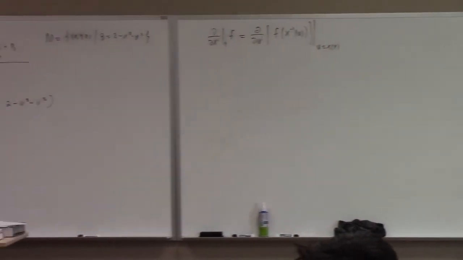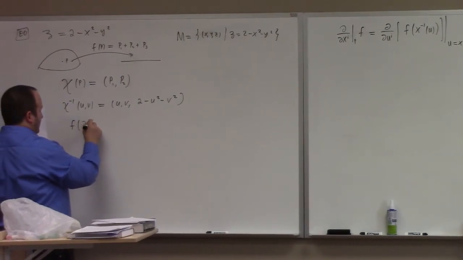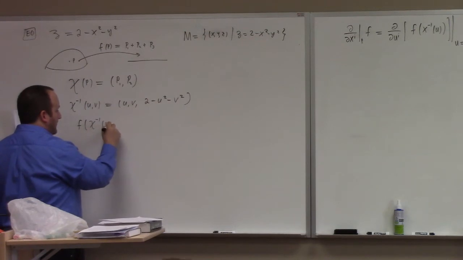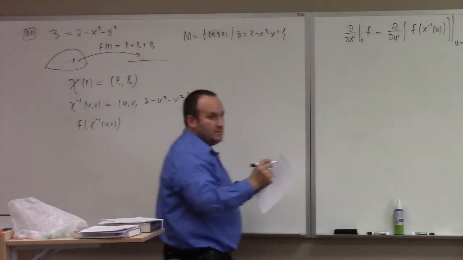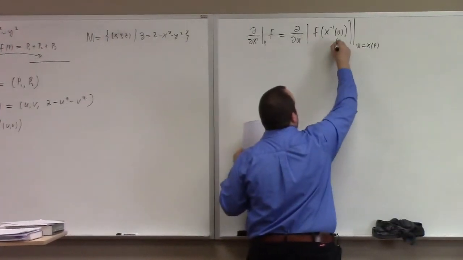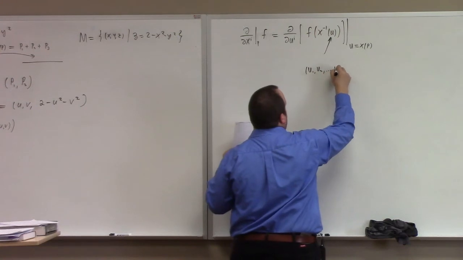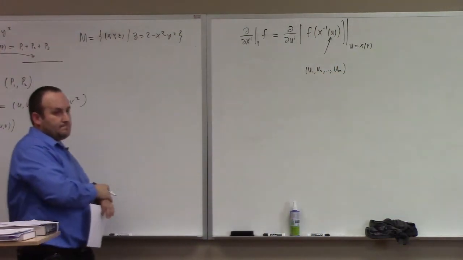So I need to calculate f of chi inverse of u. Here, u would be the tuple (u, v).